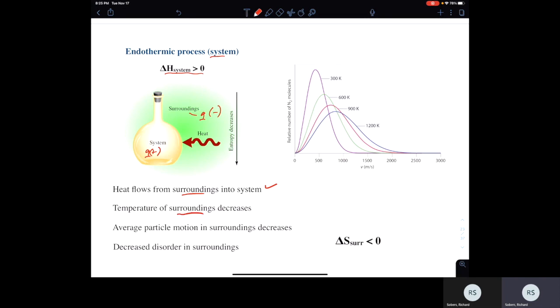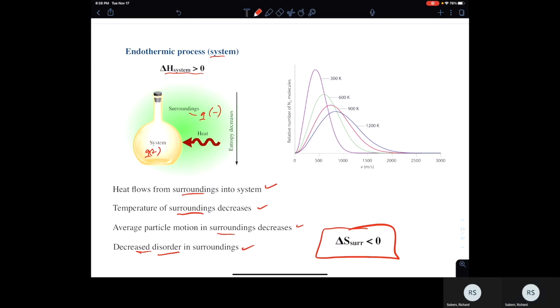We're talking about the surroundings now. Focus on the surroundings. The temperature of the surroundings decreases, and the average particle motion decreases. And so if the motion decreases, that's introducing order, so it's decreased disorder in the surroundings. So delta S for the surroundings is negative.